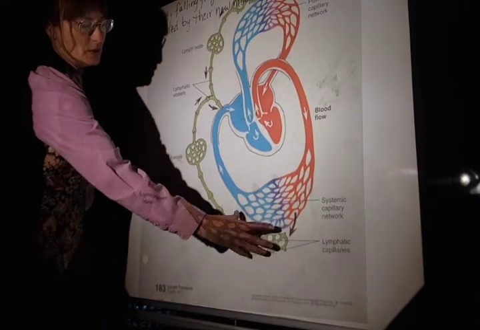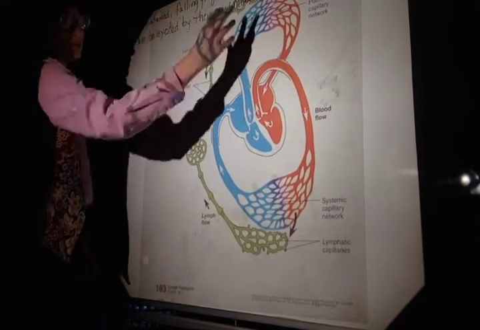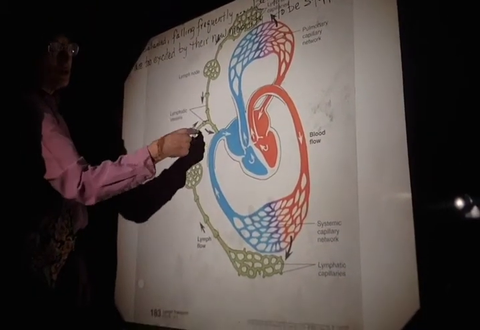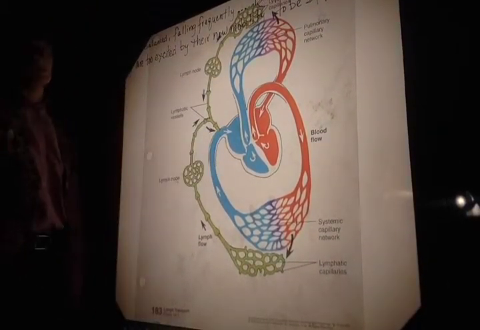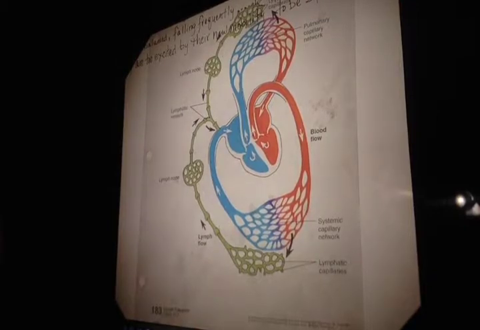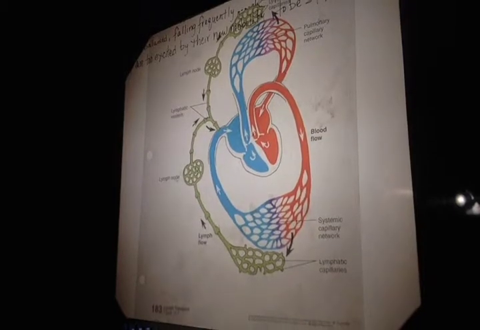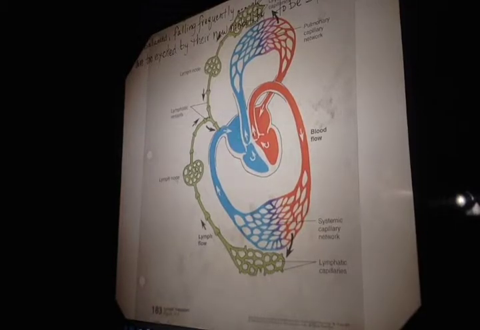So the fluid is picked up in the tissue spaces, and it's returned to the venous end of the circulatory system. Now, if you're getting fluid from the tissue spaces, anything that has invaded that tissue space, or anything that is damaged or wrong with that tissue space, you're going to get those products picked up in the interstitial fluid.